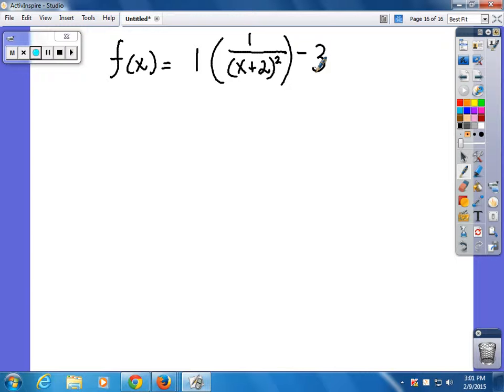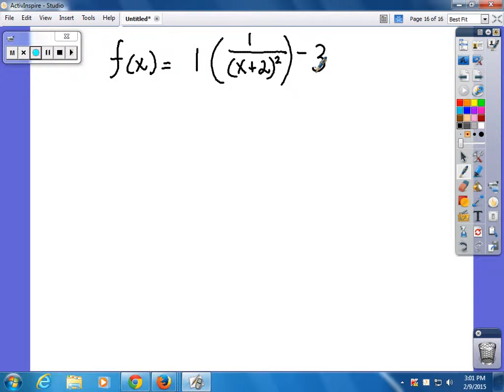What's 1 over x plus 2? What is the x plus 2 doing? It's being what? Squared. So that's technically 1 over something squared. Which one of your parent graphs has 1 over something squared? 1 over x squared. You got to know those parent graphs. If you don't know the parent graphs, you're going to have a hard time.